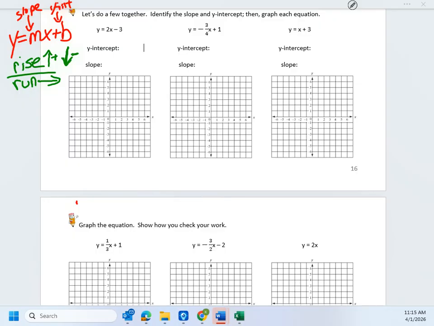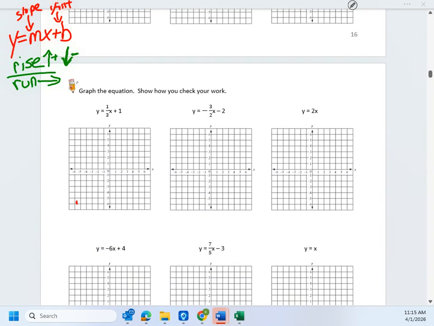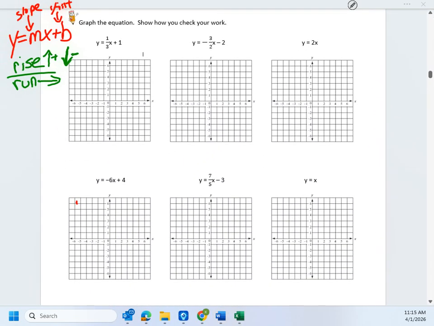You might want to write those notes like I have written on that second page, or you can flip back and forth. You can write them on the top, or you can look at that first page, reminding yourself when we have that slope-intercept form, y equals mx plus b, where are we finding the slope? Where are we finding that y-intercept?